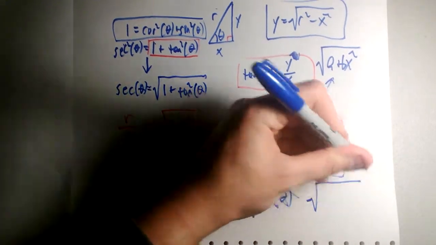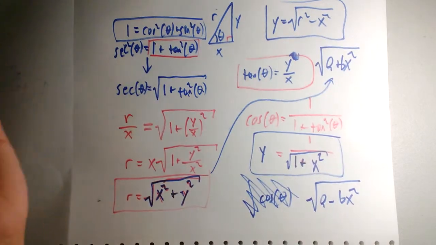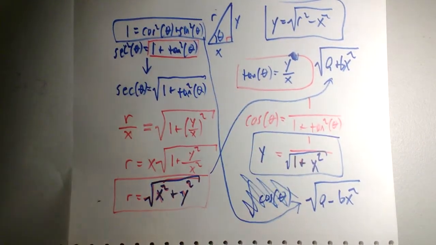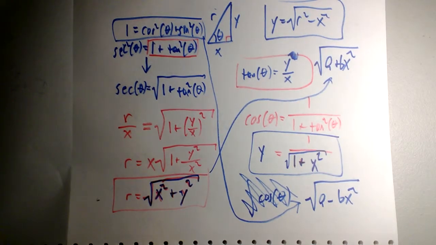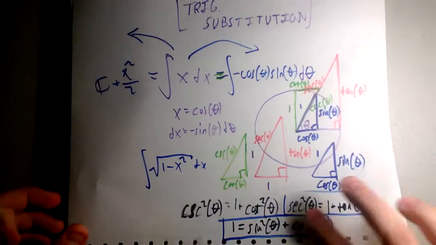Now if you have something more like a minus bx squared, you should probably use something more along the lines of cosine or sine. They're pretty much interchangeable because, as you can see, the formula is pretty interchangeable. So that's kind of your ticket in the door.